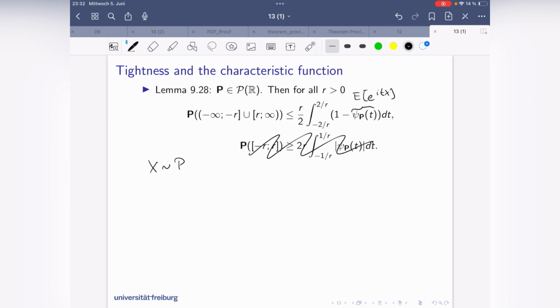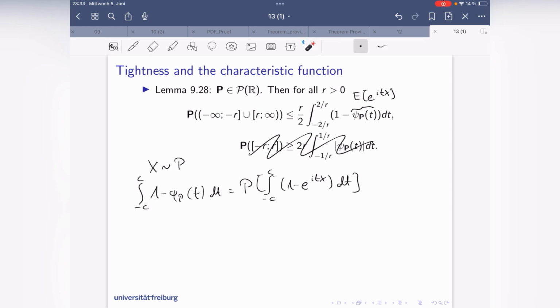Then let's start on the right hand side and replace the 2 over r by some c. 1 minus psi_P of t dt. Let's replace the characteristic function by its definition, 1 minus e to the itX dt.